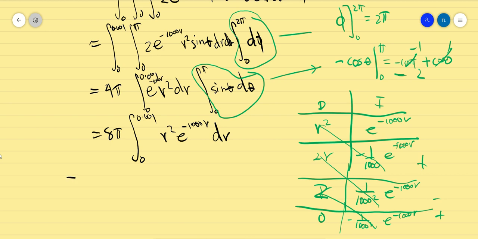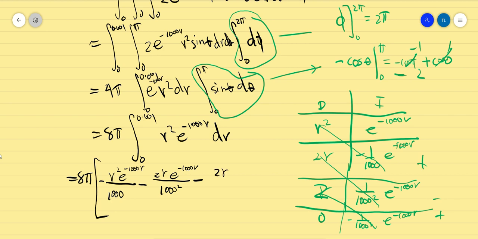So this will be 8 pi times negative r squared times e raised to negative 1000 r all over 1000, minus 2r times that one, so 2r e raised to negative 1000 r all over 1000 squared. And lastly, minus 2 e raised to negative 1000 r all over 1000 cubed. And the limit is from 0 to 0.001.